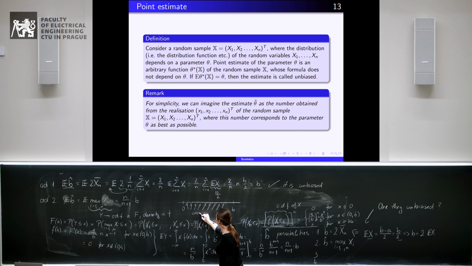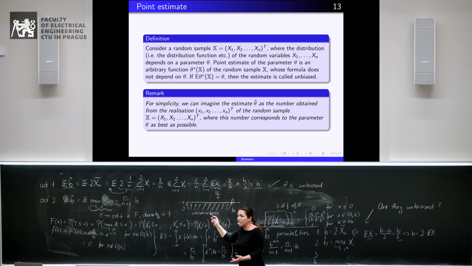As I said, it is not the real situation, it is a heuristical explanation of the situation. So in each interval we have one observation, and therefore when we suppose heuristically that the observations sit in the middle of the intervals, we can see that the maximal observation is really a little bit below this b.